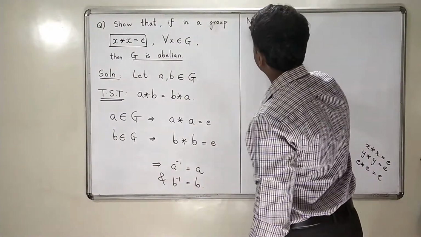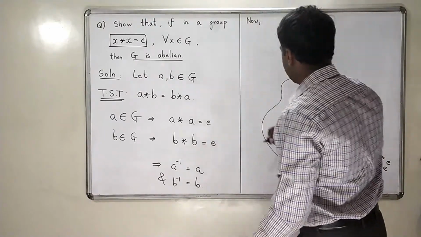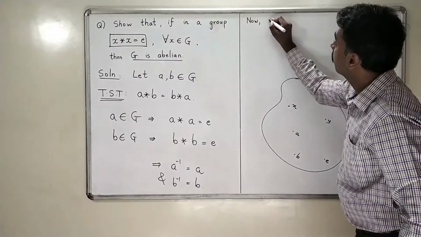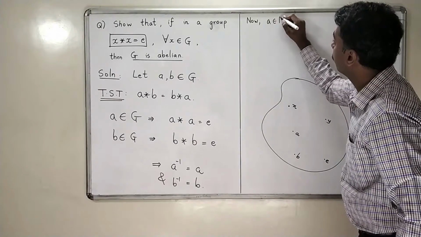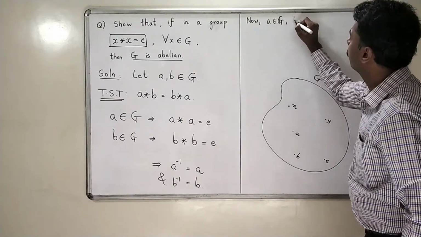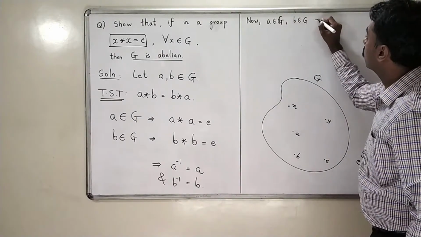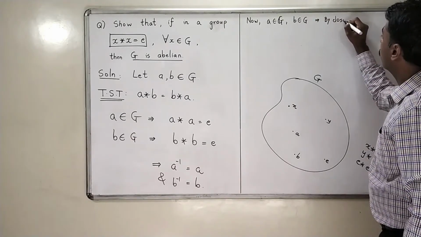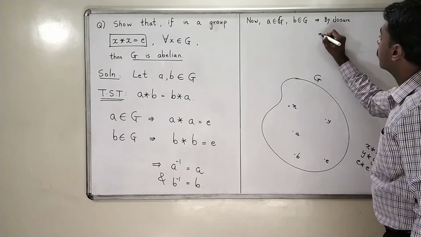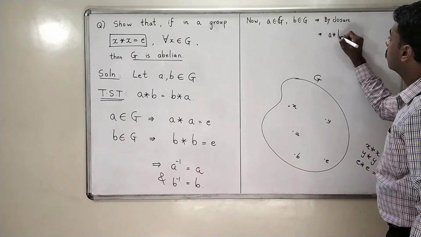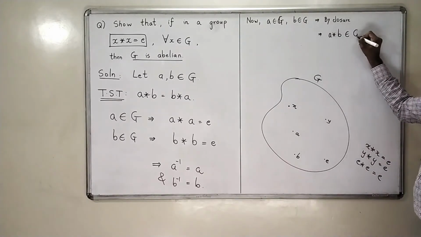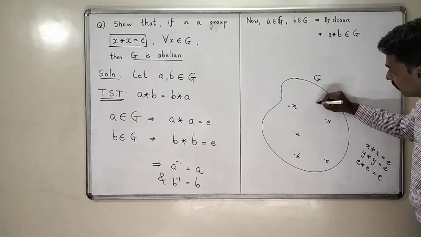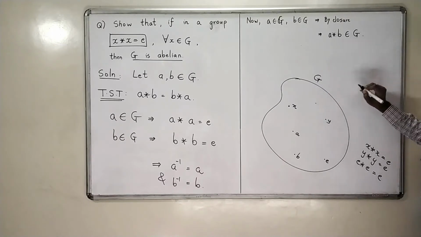Now, A is in G, B is in G. Therefore, by closure, what can I say? By my closure axiom, obviously A star B will also be in G. So A star B will not go outside its set.